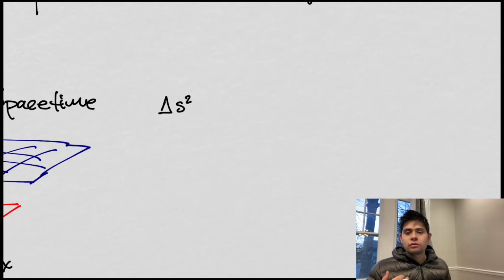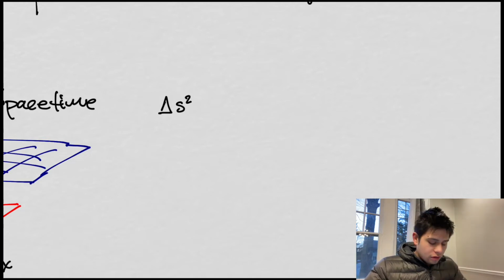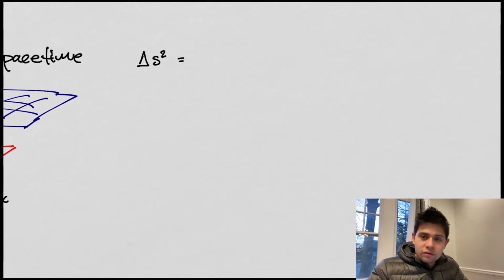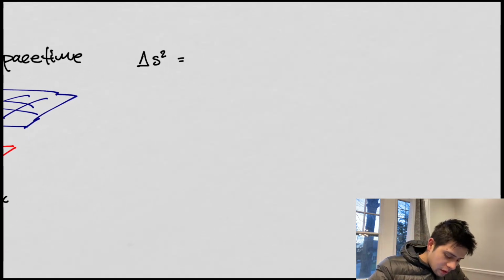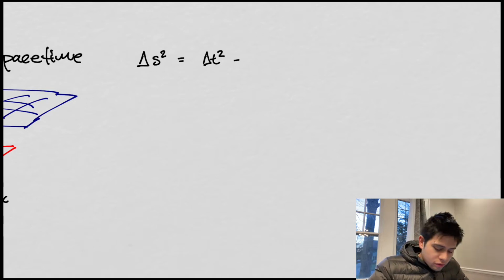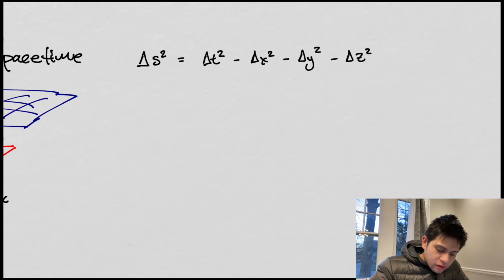The idea was when you merge time in with the picture of space, then our metric, as they would call it, or our notion of distance, was equal to dt squared minus the spatial components, so dx squared minus dy squared minus dz squared.